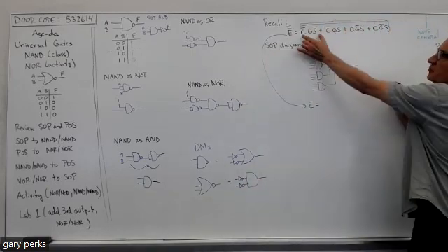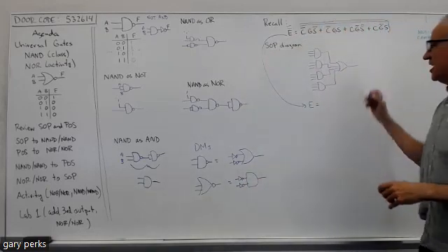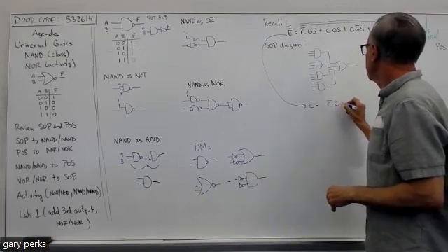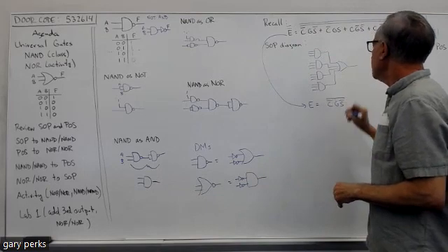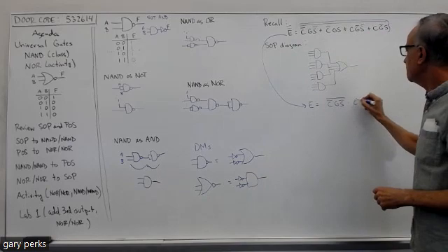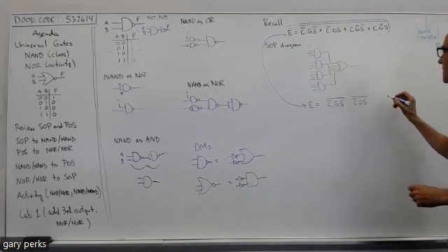Okay, so again, I'm treating each one of these terms as an input. So I take each one of them, I invert it, and I AND it. Let's see, I'm taking each term, inverting, ANDing. If I make a mistake, please let me know.